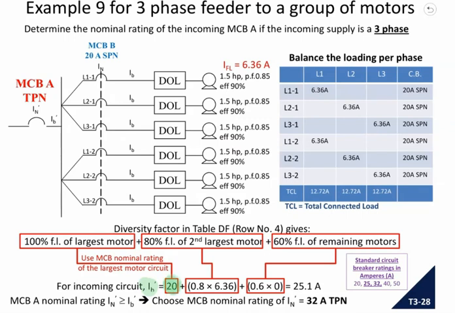We end up with 25.1. So we will choose 32. In this case we cannot choose 25 because it is 0.1 more than that, so it's not a prudent choice. We will go for the next available size, which is 32.